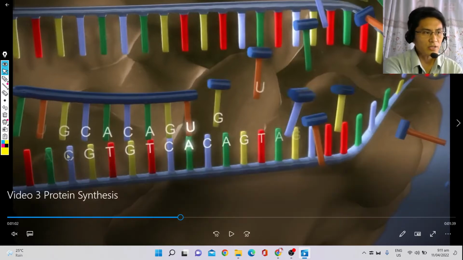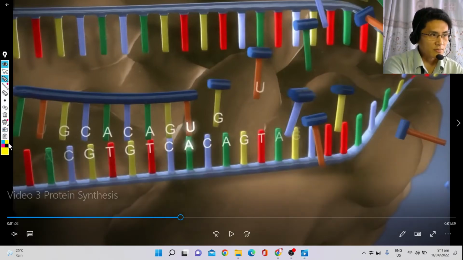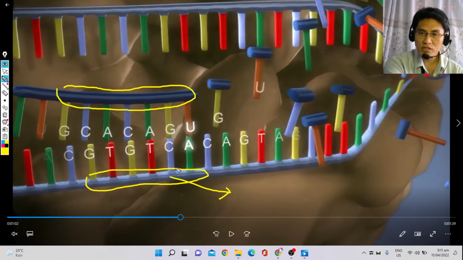But here, if you notice, the color of the strand, look at this color is darker compared to this one. That signifies that this is a deoxyribose phosphate backbone. But this one is ribose phosphate backbone.